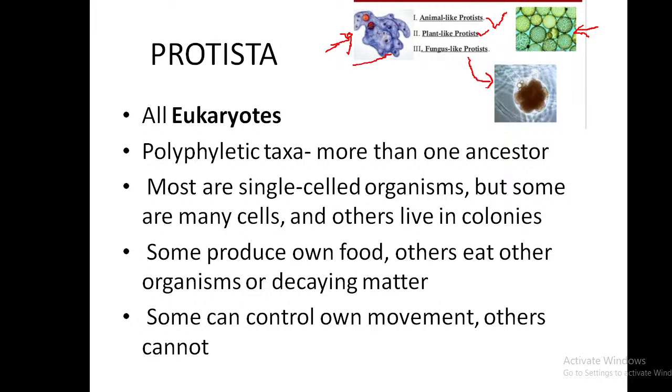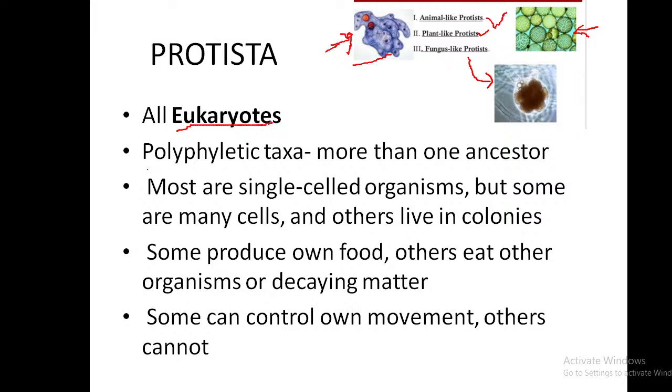Some protists have animal-like characters. Some have plant-like characters, mainly those with chlorophyll. And some are fungus-like protists, those that show budding. So the important characteristic is that all protists are eukaryotes.